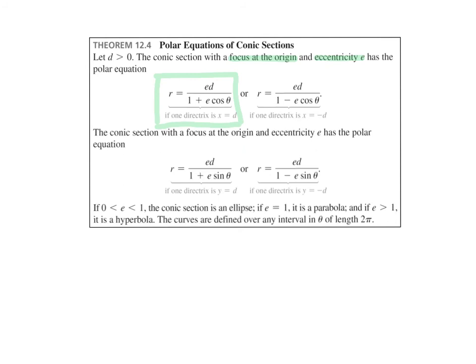Since the directrix is an x value, that tells me it's going to be a vertical line, so my vertices are probably on the x-axis. And if you have e times d over 1 minus e cosine theta, then one directrix would be x equal to negative d.